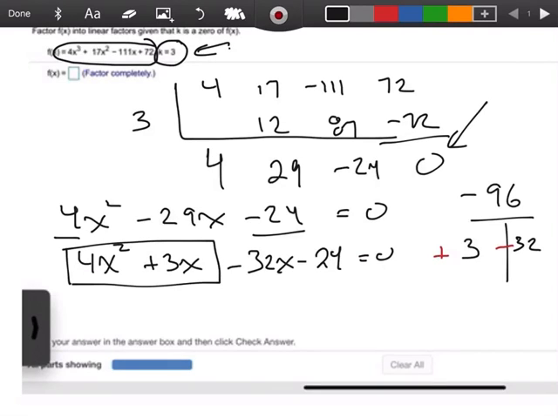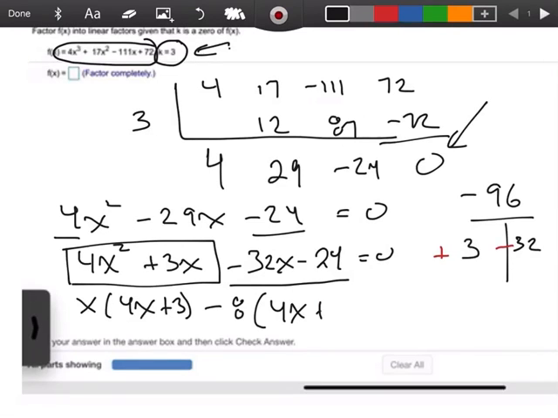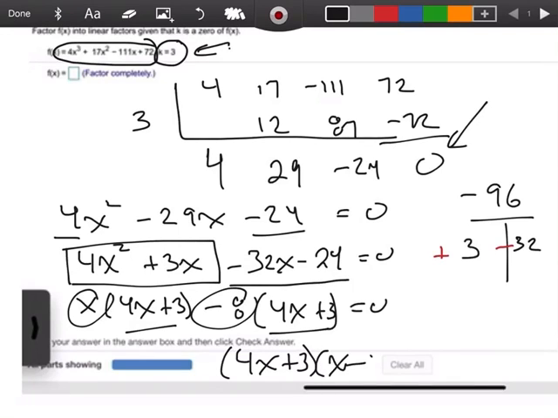Out of here, I can factor out an x, and I'm left with a 4x plus 3. From here, I can factor out a negative 8, and I'm left with a 4x plus 3. So now we're going to have 4x plus 3 and x minus 8.